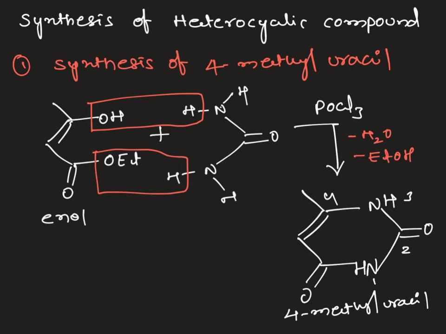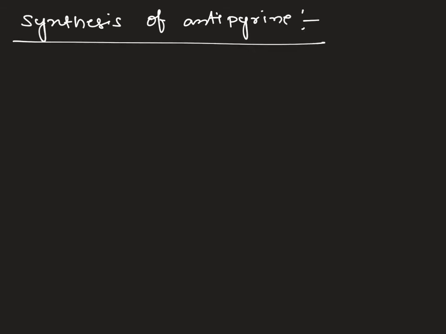Along with 4-methyl uracil, we can prepare another heterocyclic compound called antipyrine, which is used in inflammation. Synthesis of antipyrine: how can we prepare it by using ethyl acetoacetate?